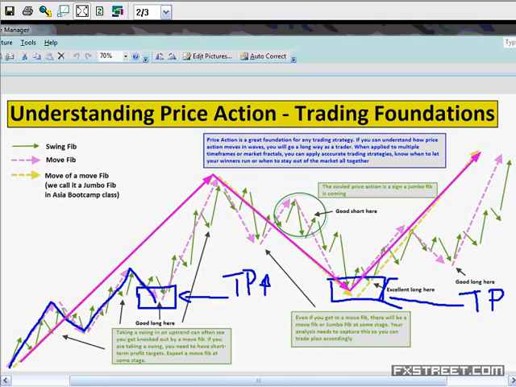So whilst over here it might be a position trade based on a swing trade, something you might get into in Asia, get out, and you might look for a swing trade, get in Asia, get out in New York.